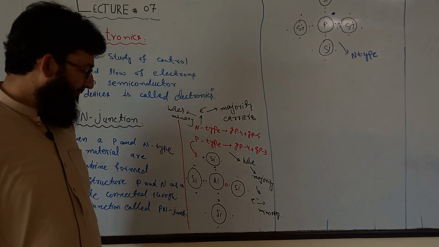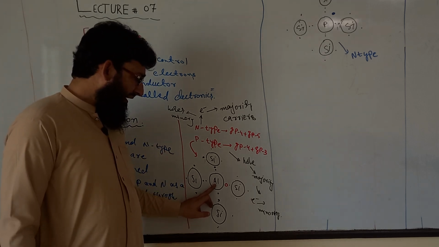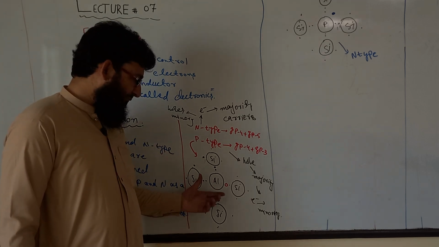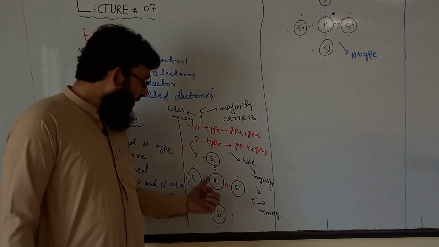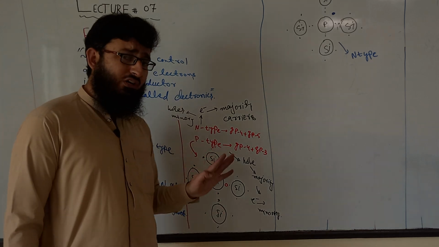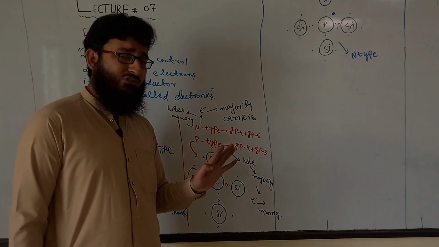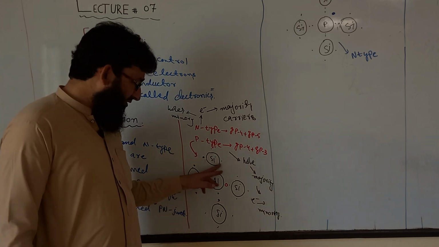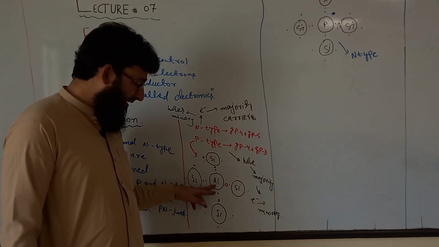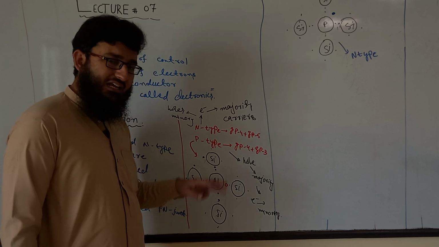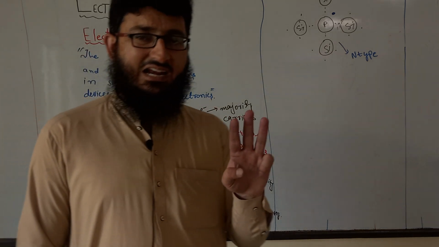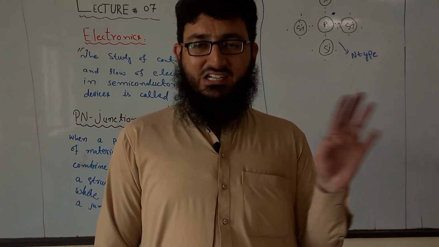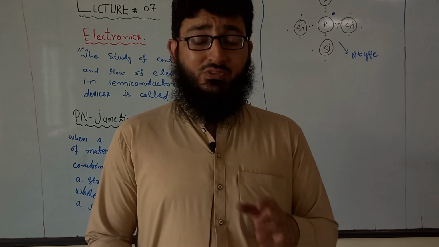For example, if we combine aluminum, that is from group 3, with silicon, what will happen? Silicon has 4 outermost electrons and aluminum has 3. So in the structure of silicon, if we put aluminum as an impurity, aluminum is from group 3 and has 3 valence electrons in its outermost shell.